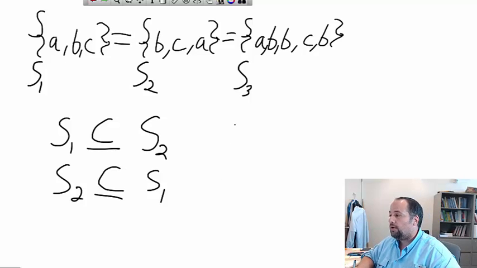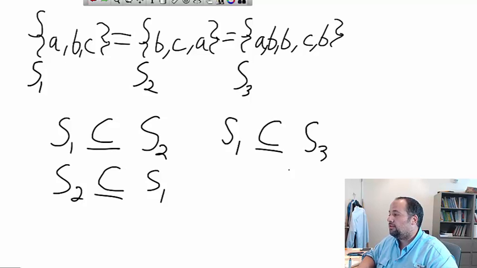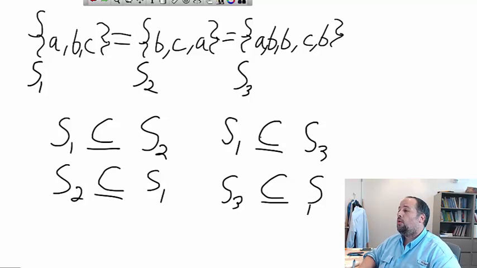By the same token, S1 must be a subset of S3, and S3 must be a subset of S1. Well, let's take this first claim here. Is A from S1 a member of S3? Yes. Is B from S1 a member of S3? Yes.